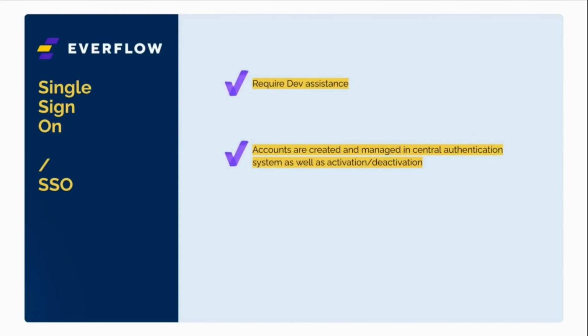Accounts are created and managed in the central authentication system, and you can also manage activation or deactivation of that account as well. Currently, we can support multiple systems like Azure, Google, Okta. If you or your company is interested in single sign-on but are not using these systems, please still reach out to us. We can work with whatever system you work with and are happy to do so.